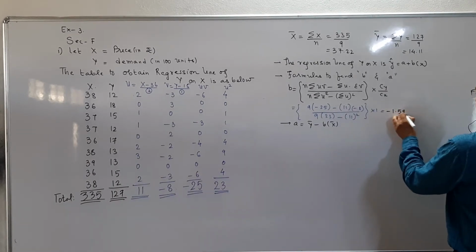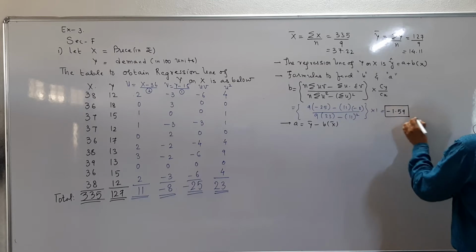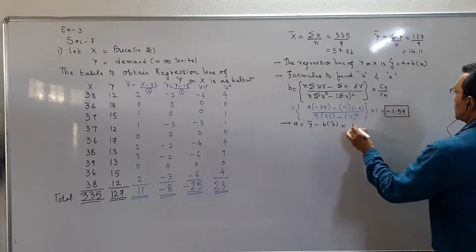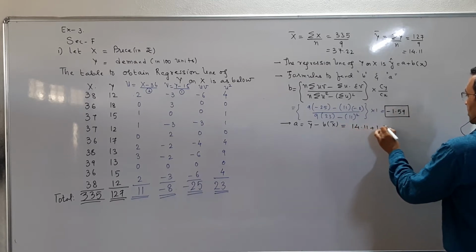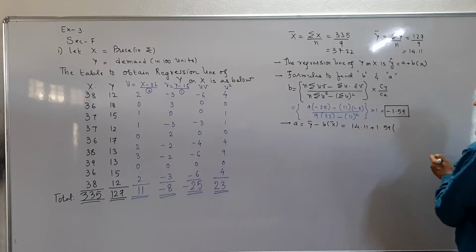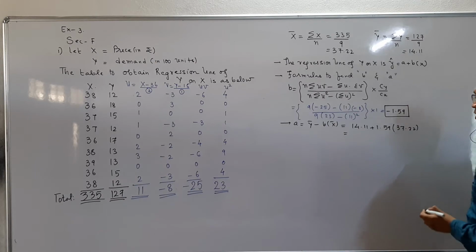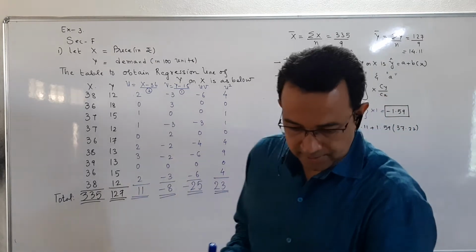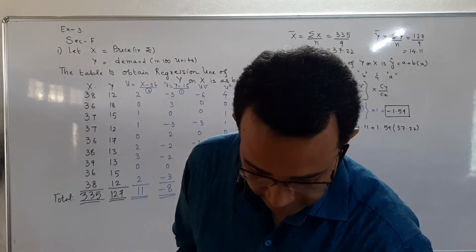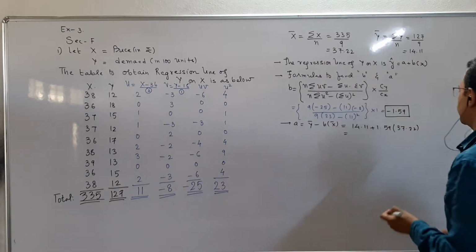This is the answer of B. Now A will be Y bar, minus minus becomes plus 1.59 into X bar, 37.22. So if I simplify, then the answer of A, students, is coming as 73.29.